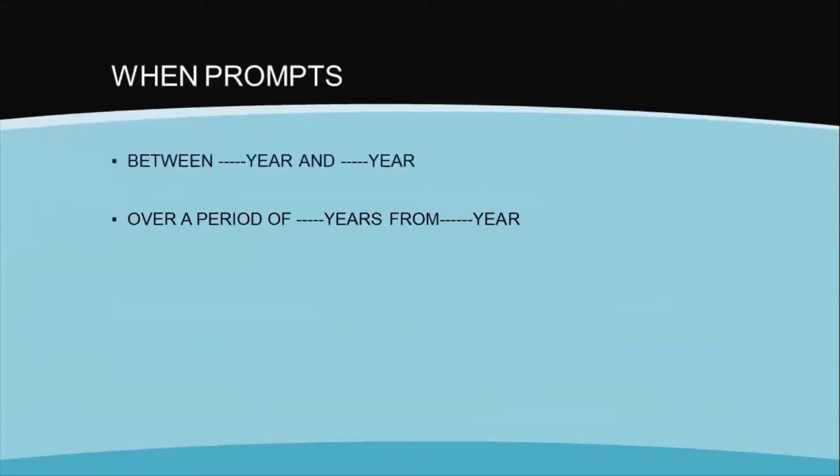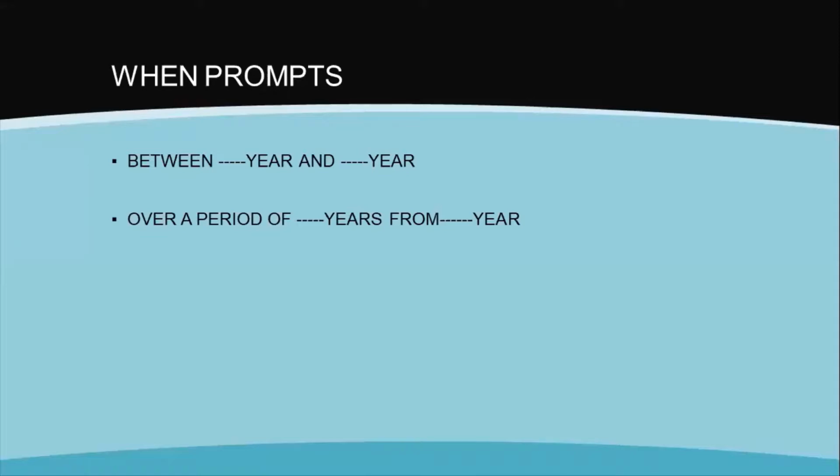Over a period of dash years from 1990 means ten years starting from 1990. If the time duration is 1990 to 2000, you can just say over a period of 10 years from 1990. If it is about 2 years, you can say over a period of 2 years. If it is about 2000 to 2012, you can say over a period of 12 years from 2000.